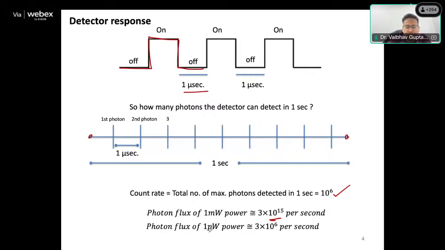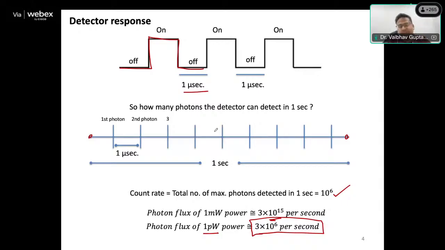If I make the power picowatt, then the number of photons will be 10 to the power 6 per second. So I found out one solution is that I should reduce the power of the laser beam which I am using. Somehow if I use some neutral density filter or something, and reduce the intensity of this laser light, then in a second 10 to the power 6 photons are coming, and now this detector is able to do the detection.